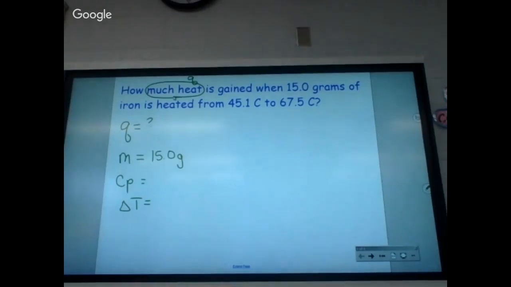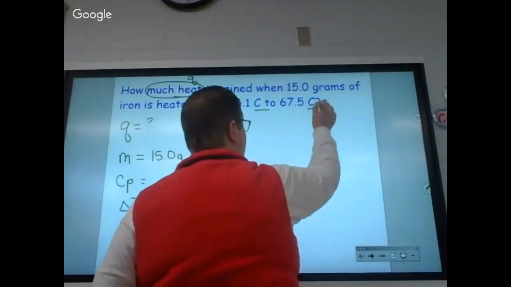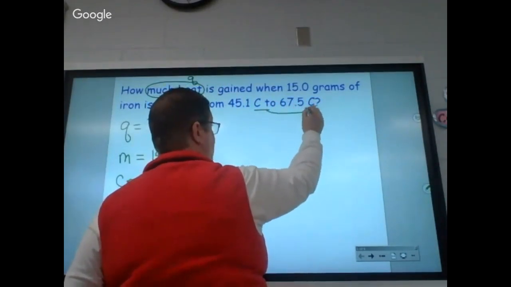So what is a Celsius? Yes is not the answer to any question unless I ask a yes/no question. I'm not asking a yes/no question. So what is a Celsius? It's a temperature unit, right? Okay. So if these two things are both Celsius, they're temperatures.